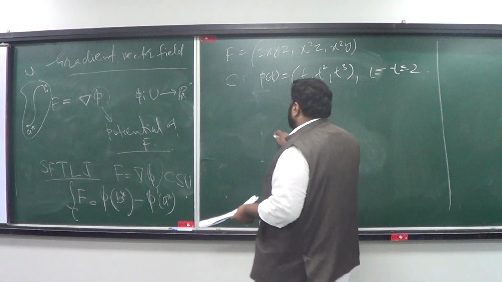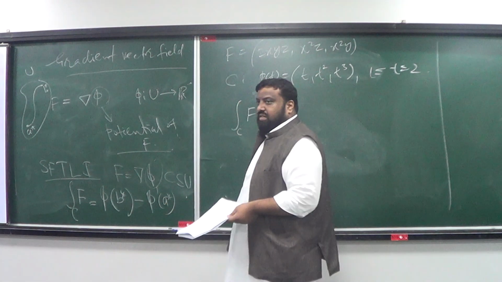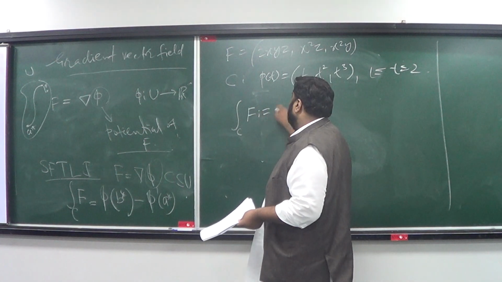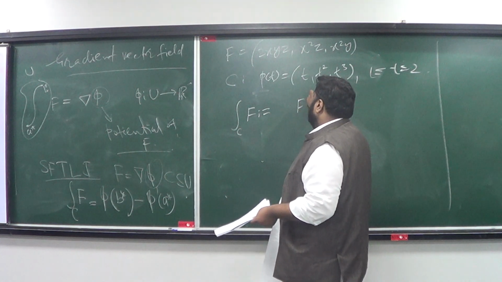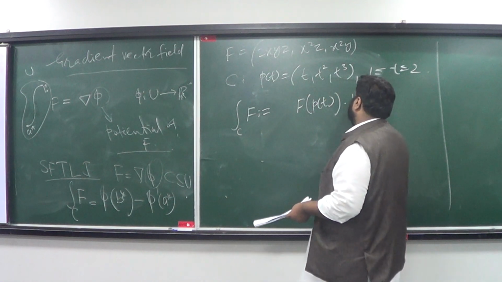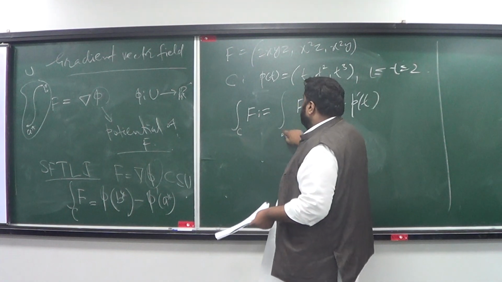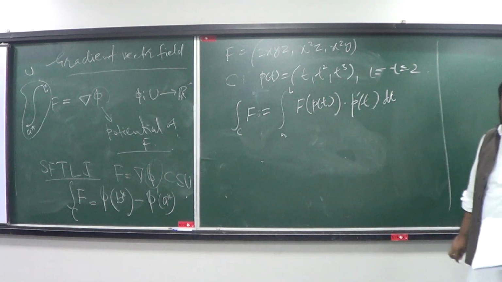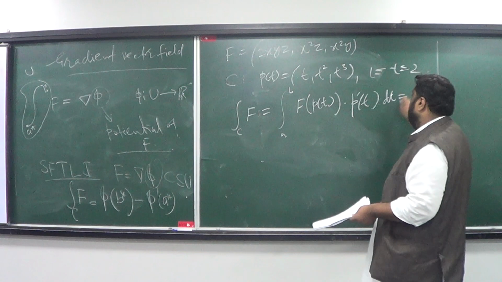I'm not computing this integral in detail because I know I can, so I'm just writing it directly. To compute this integral, we need to evaluate F at p of t, take its dot product with p prime of t, and integrate from a to b dt. So you can easily compute it. We did it last time, how to compute such numbers.